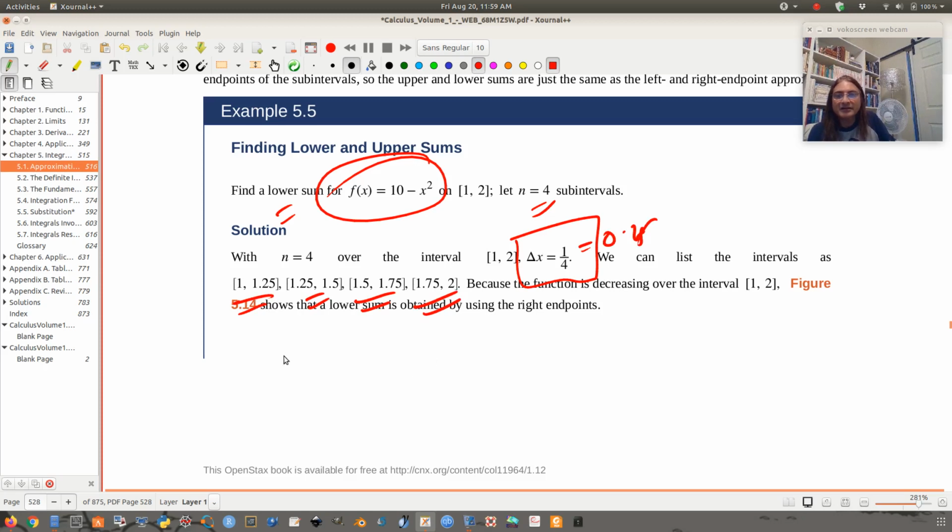And then for the left side, we use the left points: 1, 1.25. So these intervals, left, left, left, and left.